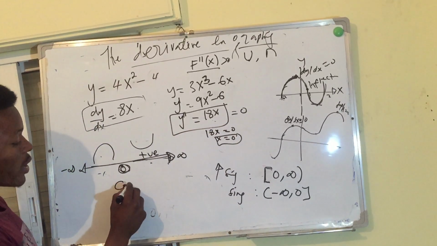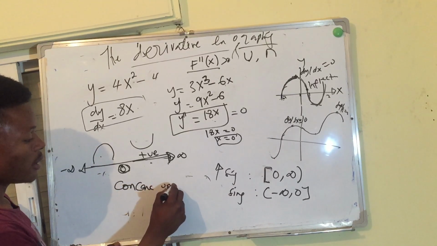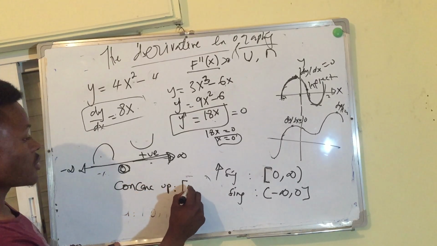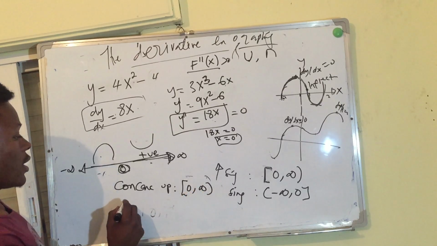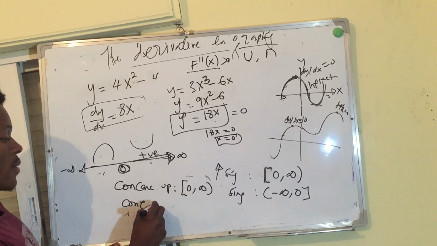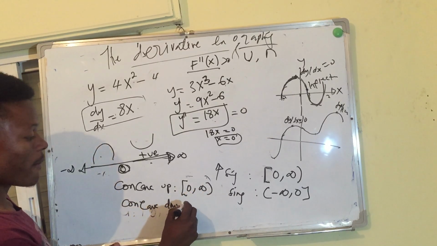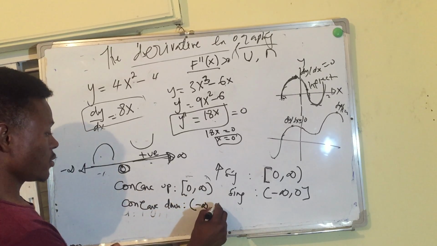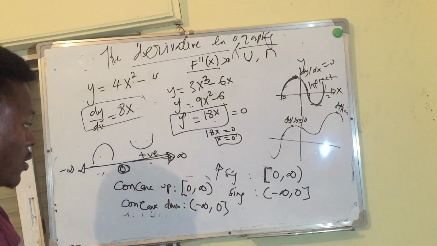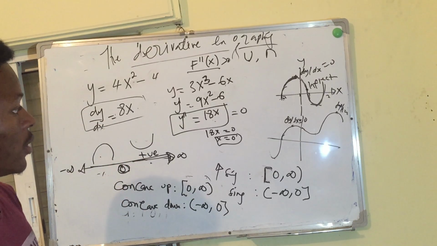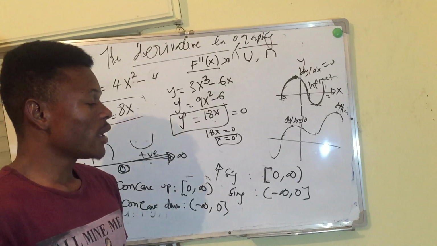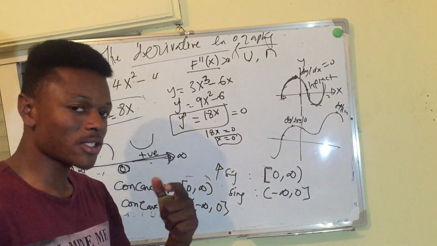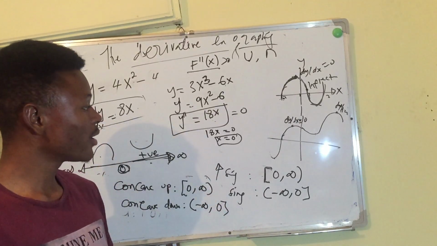So the graph is concave up on the interval from 0 to infinity, and it is concave down from negative infinity to 0. So this is concavity.